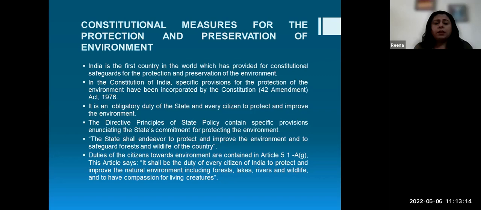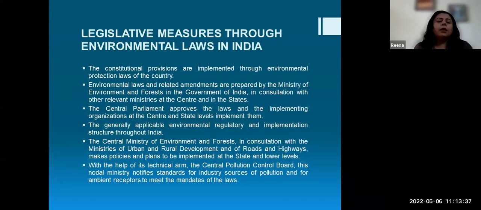These issues are causing environmental degradation on a daily basis. But we have to realize that the primary duty is our constitutional responsibility.